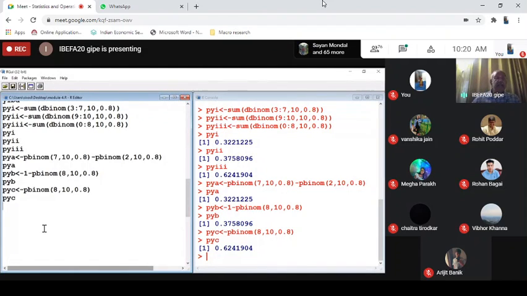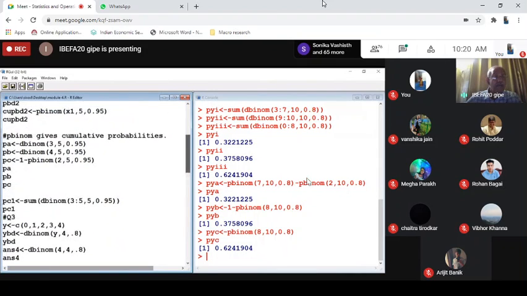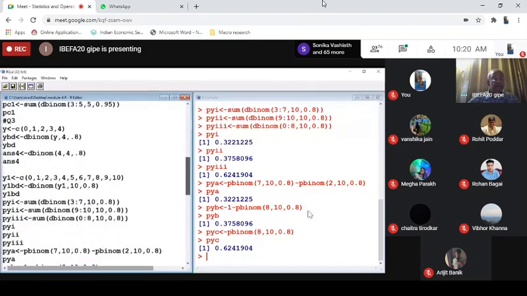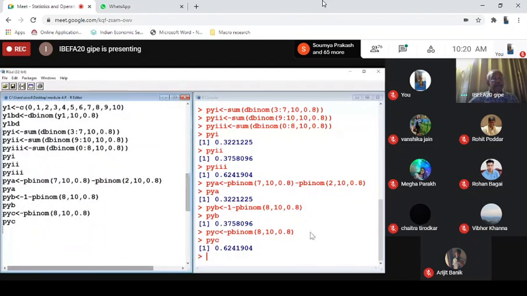In this one example, my class is of 10 students. Probability of improvement 0.8. I want to plot the probability.